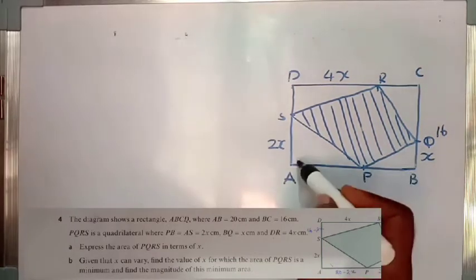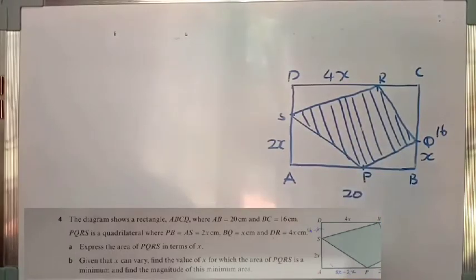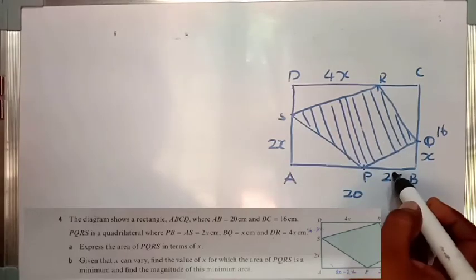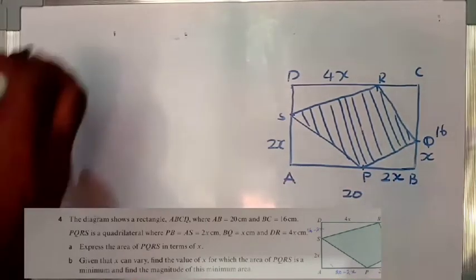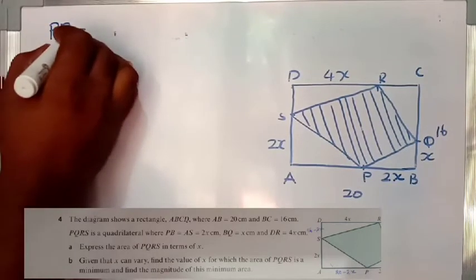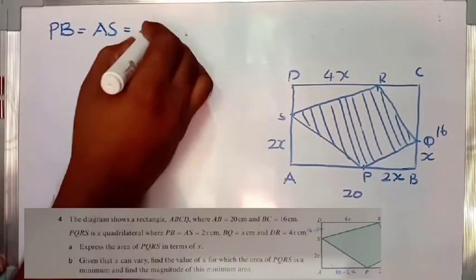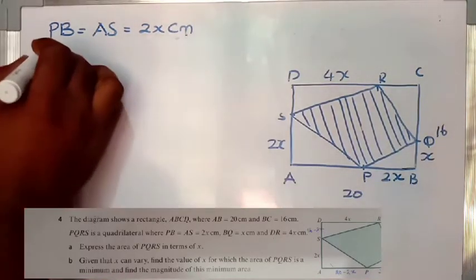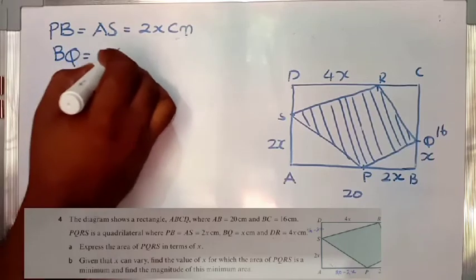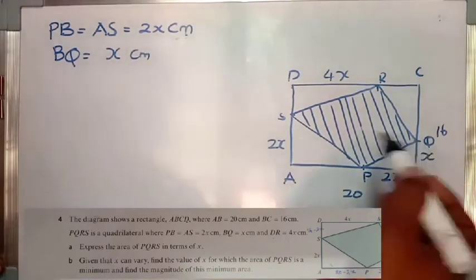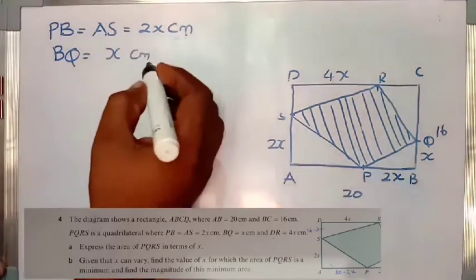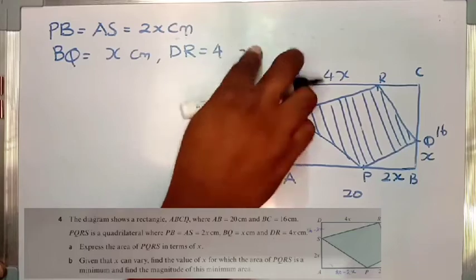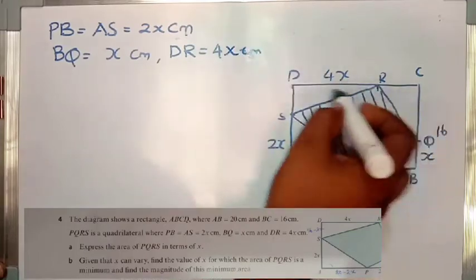As AS is 2x, PB is also 2x centimeters. Then BQ is x centimeters, and DR is 4x centimeters.